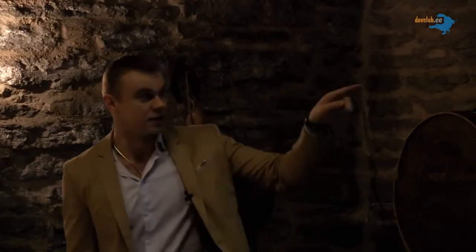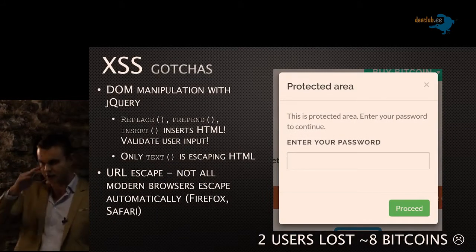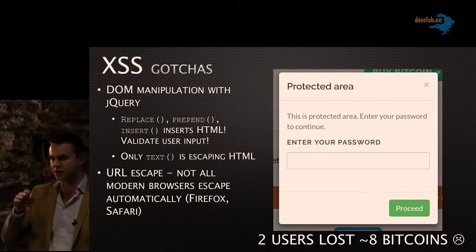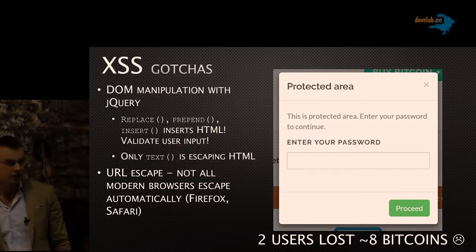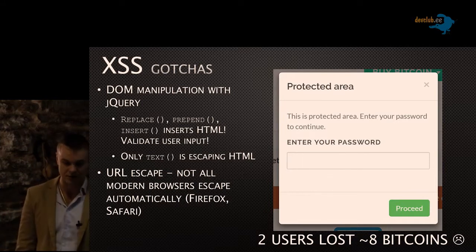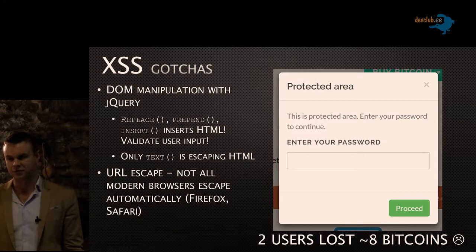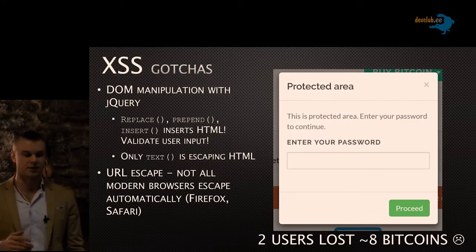For example, in JavaScript, you can inject code that will launch without these HTML tags. You can just have the \u Unicode characters, which will actually launch this XSS injection. Also remember that in jQuery, only text escapes HTML. So when you have user input and use replace, insert, or html, it is not escaped.